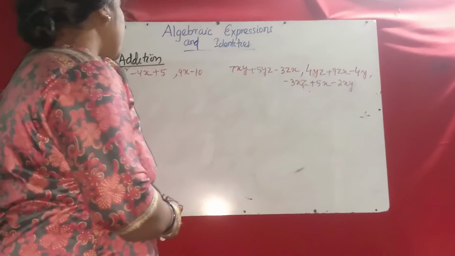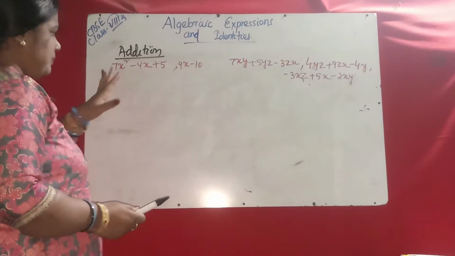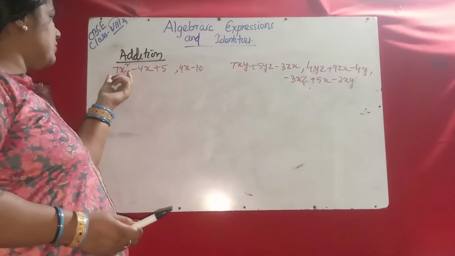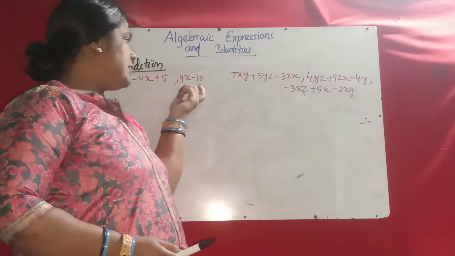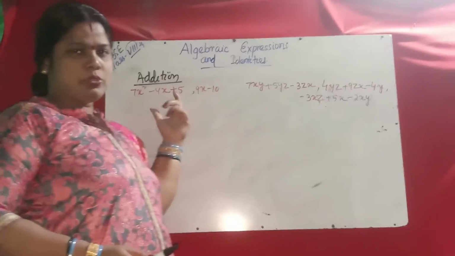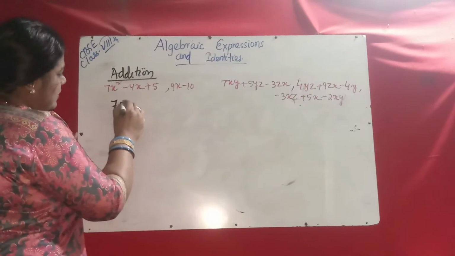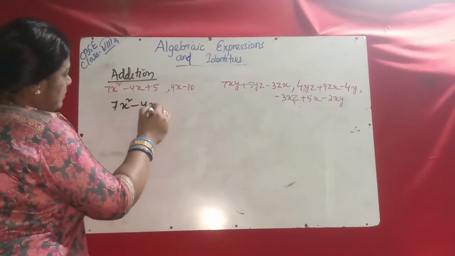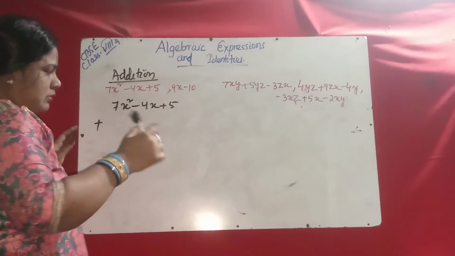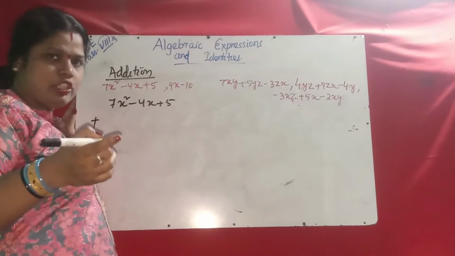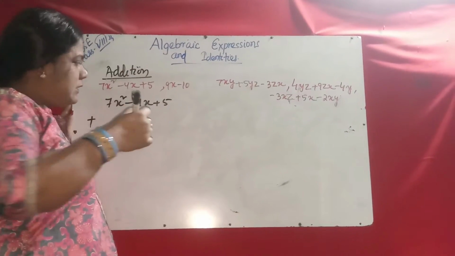Now how to do addition in algebraic expressions. Here two expressions are given: 7x square minus 4x plus 5, and another is 9x minus 10. You have to add these two expressions. First write 7x square minus 4x plus 5, and as I told before, you write the like terms under the same like term.